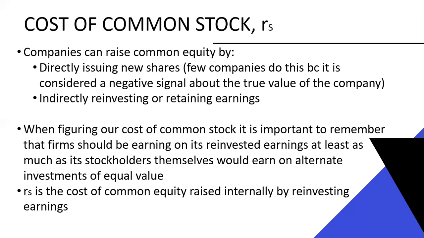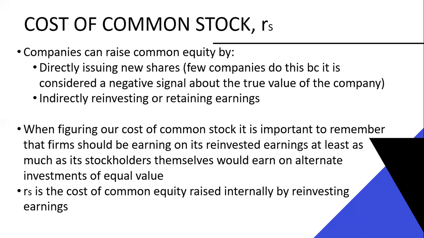Also, another way that companies can raise common equity is by reinvesting retained earnings. So again, companies can basically take their retained earnings and reinvest into the company. And that's just another way of increasing the value of their common equity on their balance sheets.